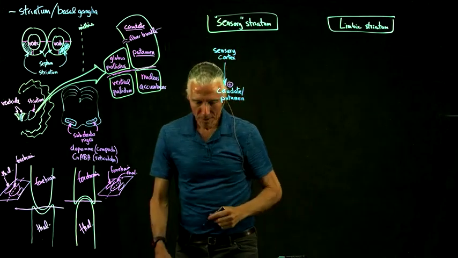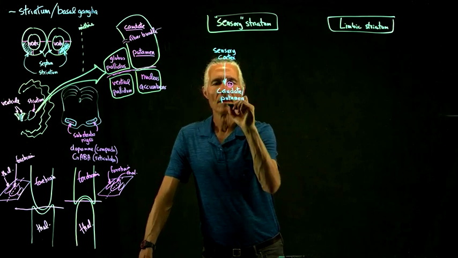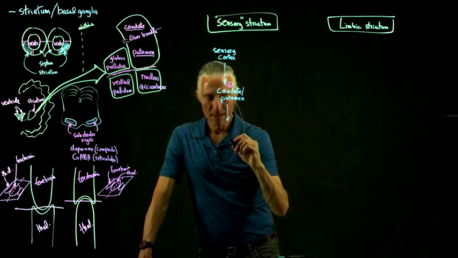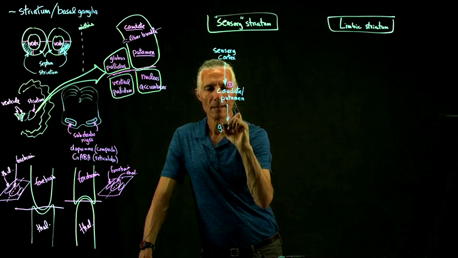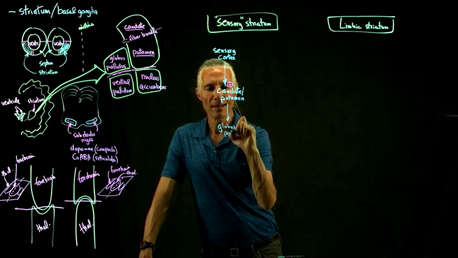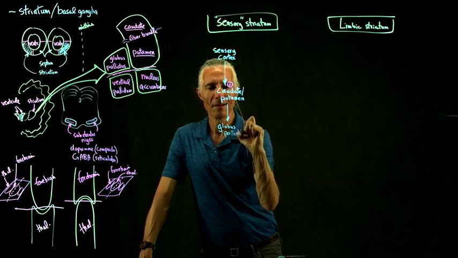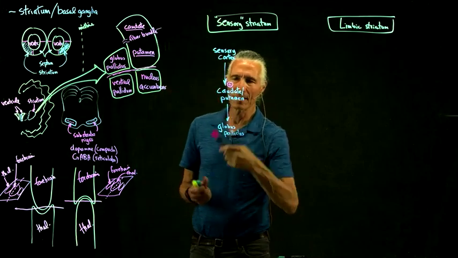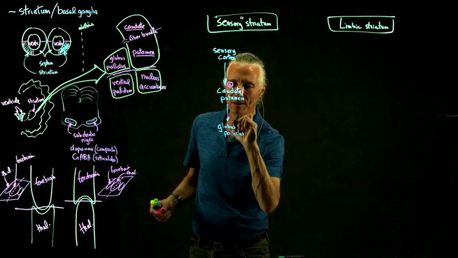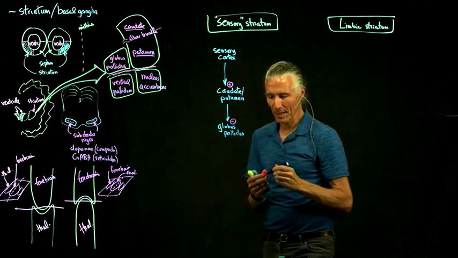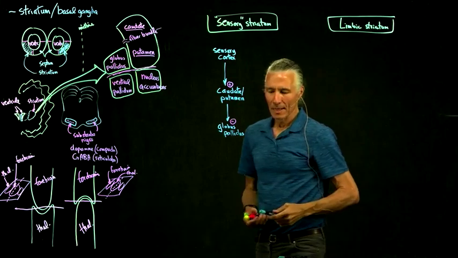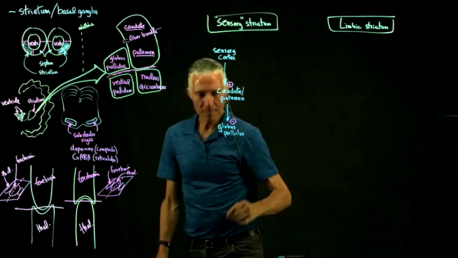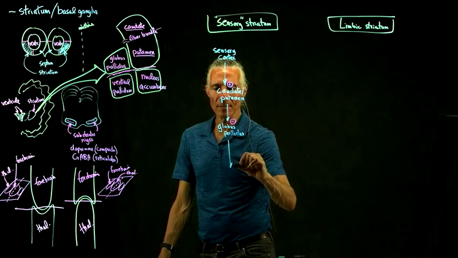And then the caudate and putamen projects down to the globus pallidus, the pale globe. And that's an inhibitory projection. So the cells in the caudate and putamen are inhibitory cells, and they inhibit the globus pallidus. And then the globus pallidus projects down to the thalamus.